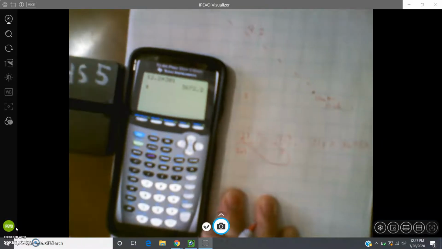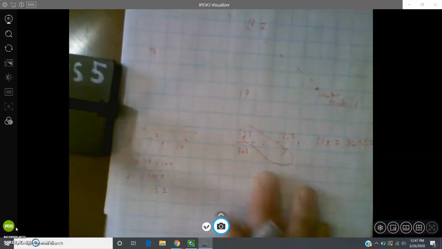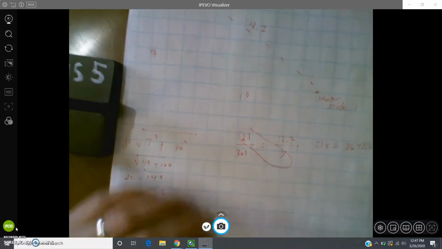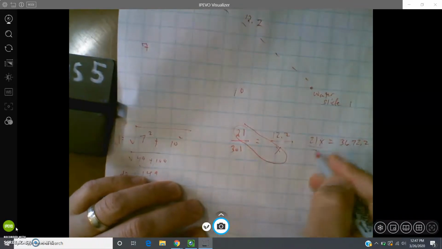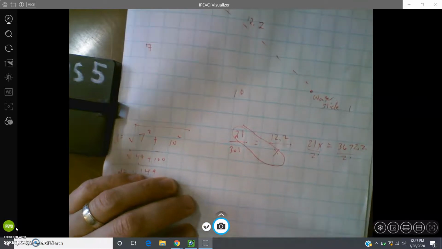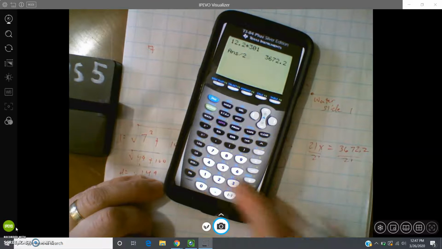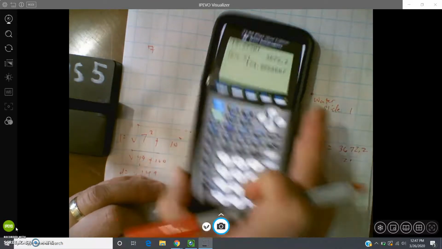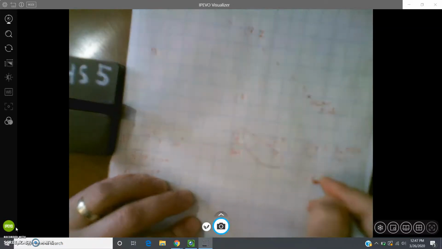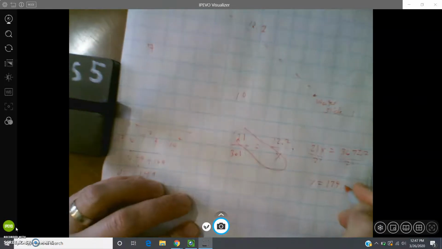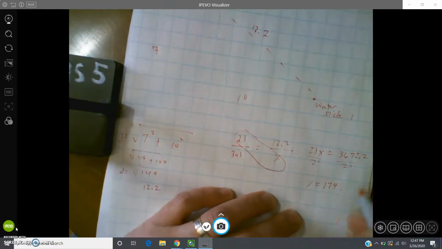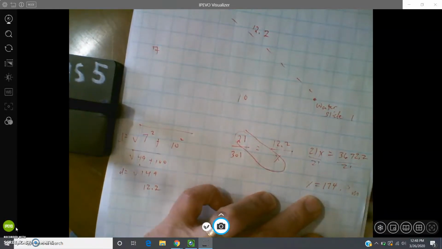There we go. So I set up that cross multiplication. Now I'm going to divide both sides by 21. So I'm going to just take my calculator, divide by 21, and I get 174. So x equals 174.9 meters.